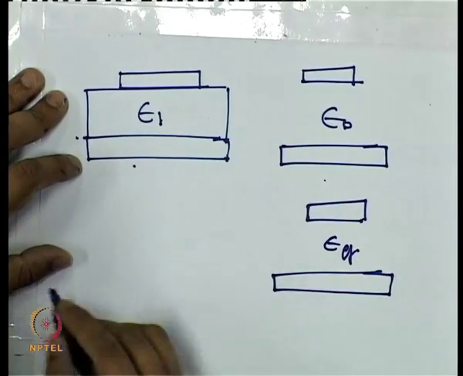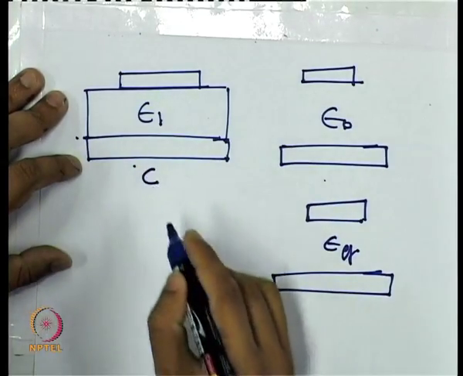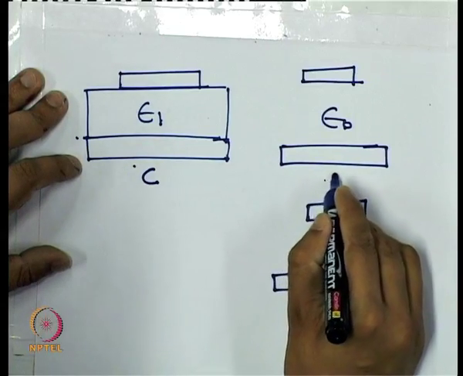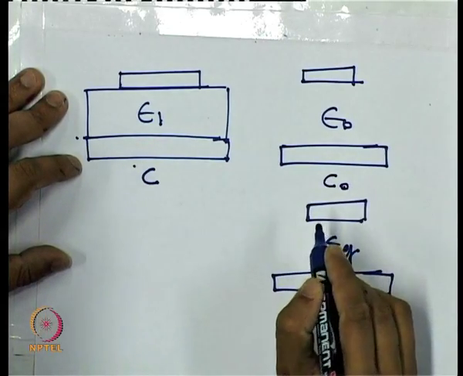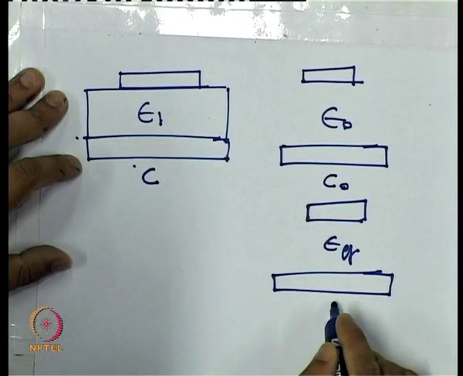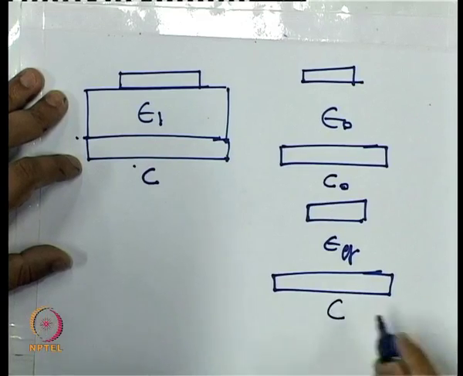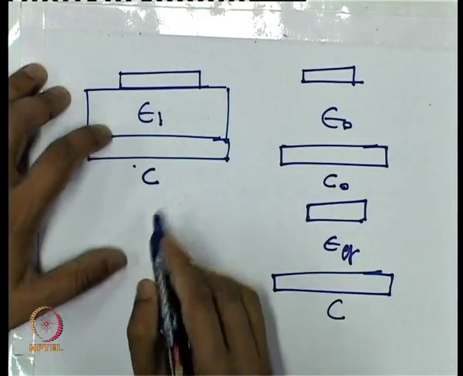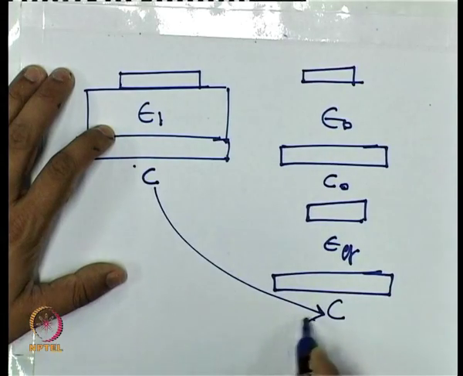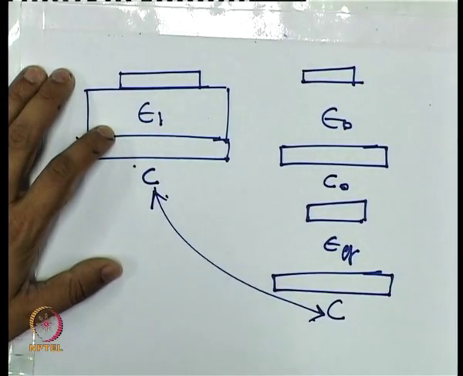Suppose C is the capacitance for the first case, C0 is the capacitance for the air case, and with epsilon effective the net capacitance is C dash.